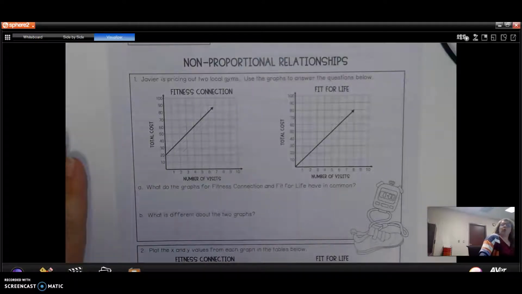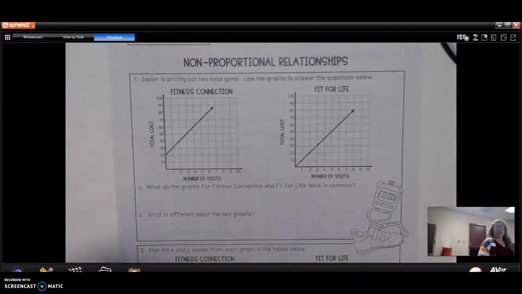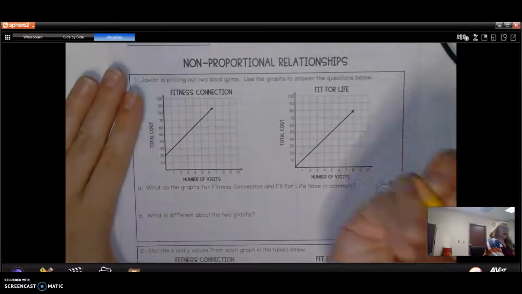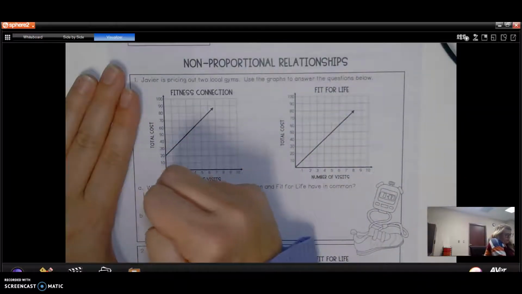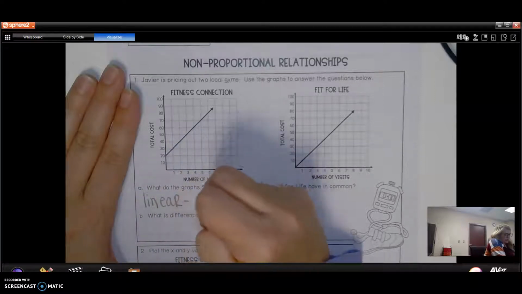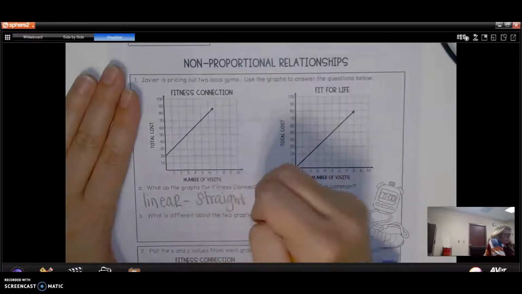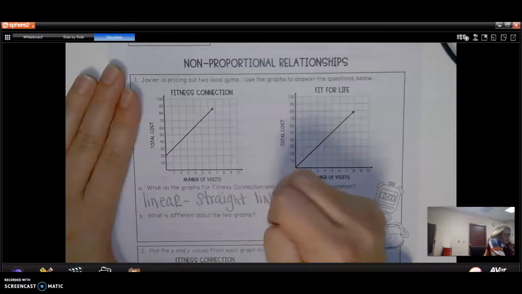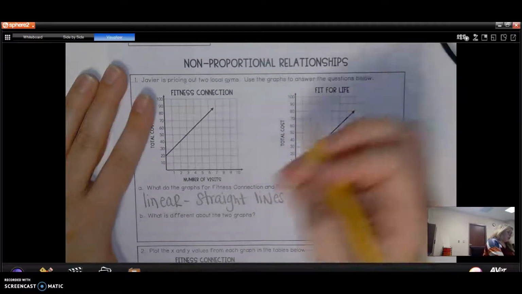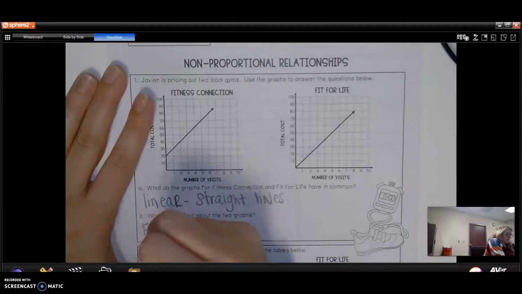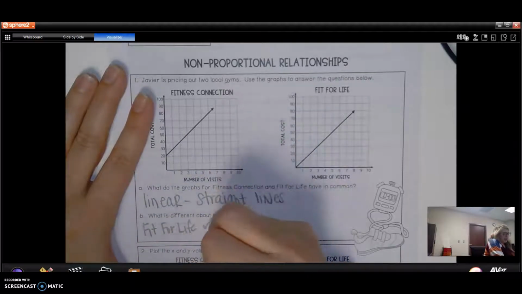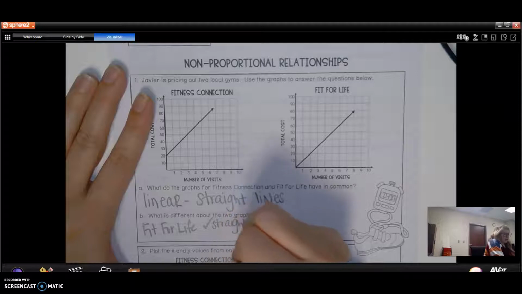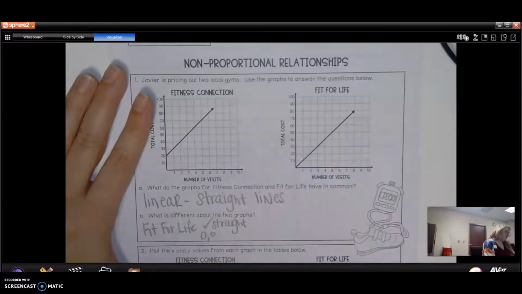Okay, so what do the graphs for fitness connection and Fit for Life have in common? Okay, well they are linear because they are both straight lines. Okay, what is different? Well, Fit for Life seems to be a proportional relationship, and I know that because it's a straight line and it goes through the origin.